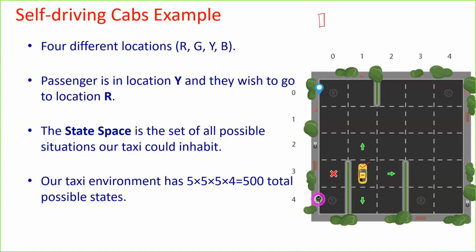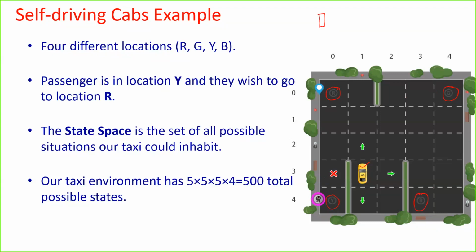In the actual implementation, I'll show you that. Please notice that there are 4 locations indicated with 4 letters: R, G, Y, and B. These are the 4 locations; you can think of them like bus stops or car stops.